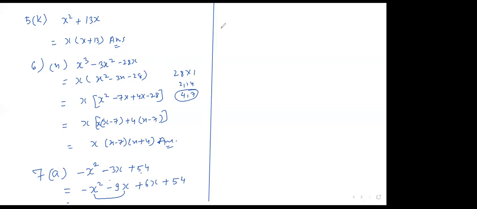Yes. So taking negative x common, we have negative x, and then x plus 9 will be there. What do you say, Rajveer? And between these two terms, we have 6 as common factor, x plus 9.